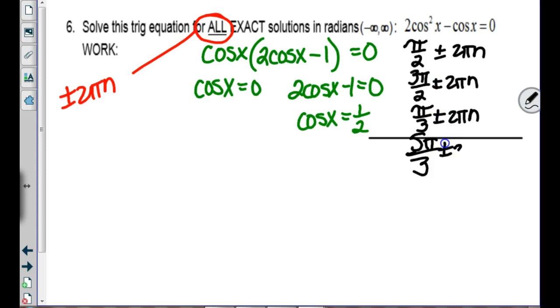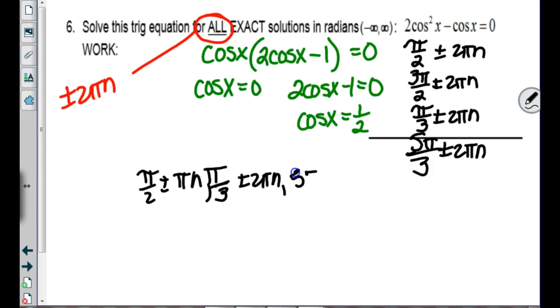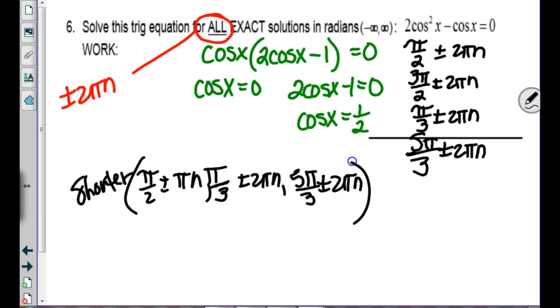The first two, because they're straight across from each other, you could have combined those and just written pi over 2 plus or minus pi n, and then you wouldn't have needed this one. But these last two, there's no shortcut. You don't need the shorter, it's fine. I'm not going to be picky. Questions?